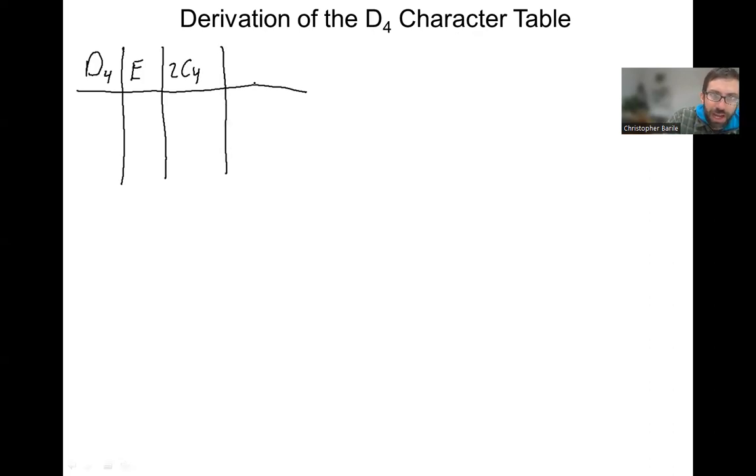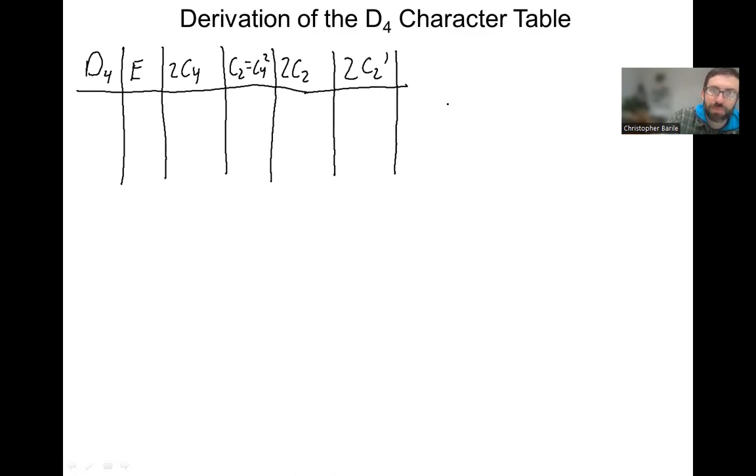We have our C2, which is a C2Z, or we can write equals C4 squared to help us remember that it was a 180-degree rotation pointing upwards in the Z direction. And then we had the 4 perpendicular C2s grouped in 2 different classes. So we'll call them 2C2 and 2C2 prime.